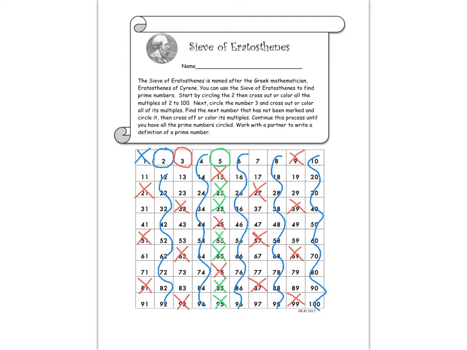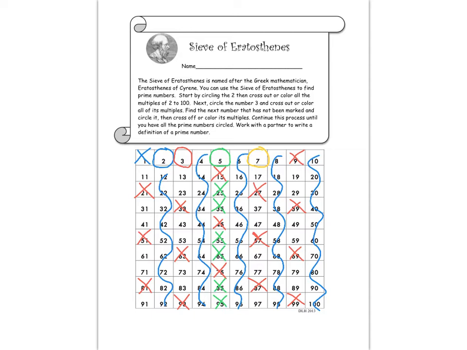The next number we come to is 6, and it's already been crossed out, and so then we come to 7. Well, 7 is prime, so we're going to circle it. And then you're going to count by 7s, and most of the multiples of 7 have already been crossed out. You should come up with 3 of them.